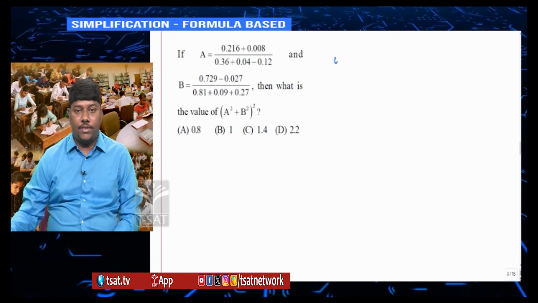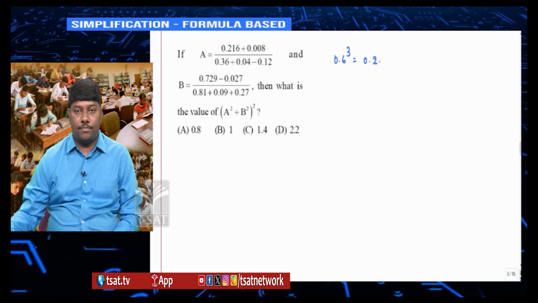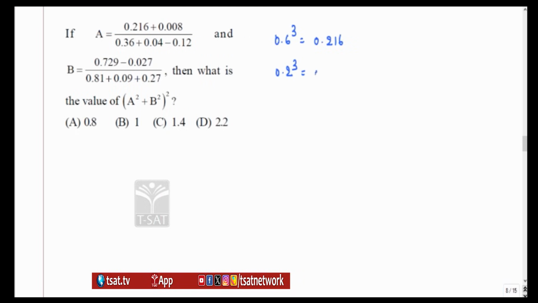So 0.216 is 0.6 cube. 0.2 cube is 0.008. 0.729, generally 729 is 9 cube, so 0.729 is 0.9 cube. 0.027 is 0.3 whole cube. Now it is in the formula.